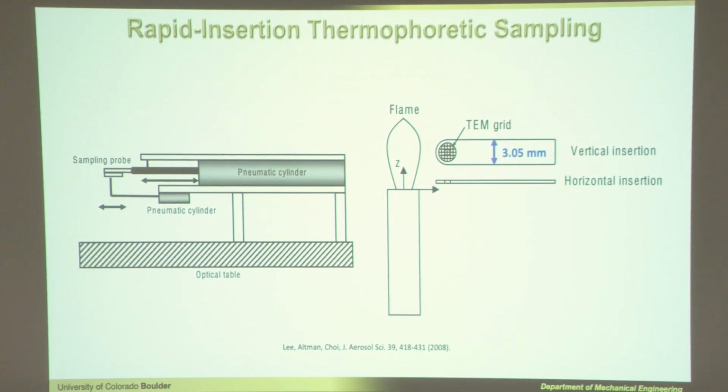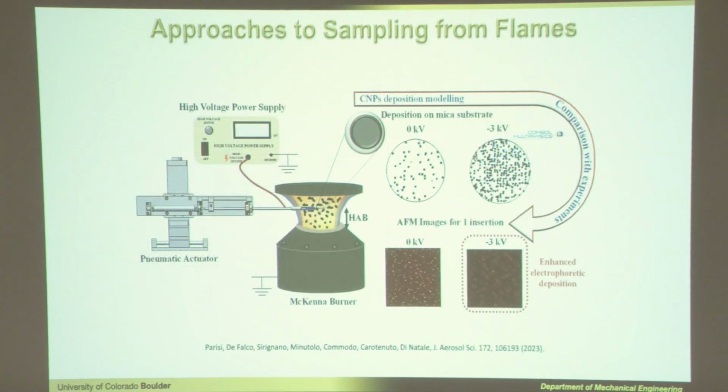So you inject this, and the grid is cold compared to the flame, so you are preferentially having the particles going towards your cold grid and sticking there, hopefully sticking there, right? And then you pull it out, and then you cool it off, and you put it in your TEM machine, or whatever machine you're using. Okay, that's thermophoretic sampling.